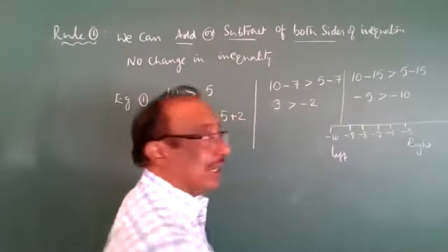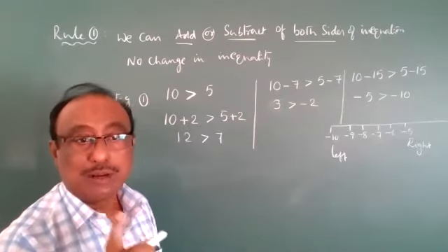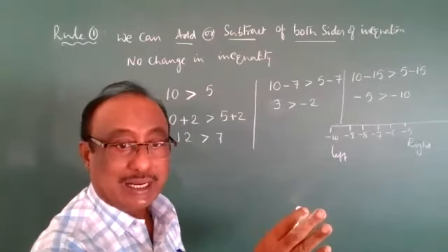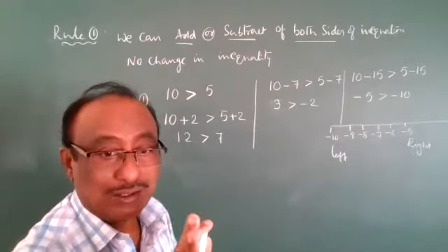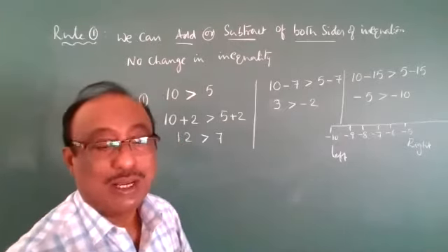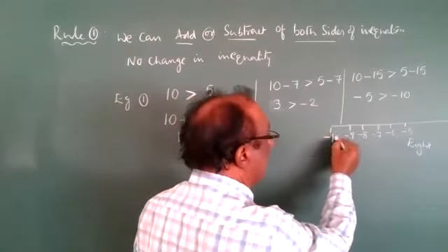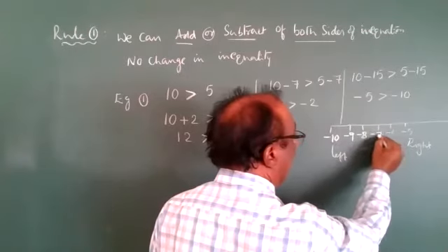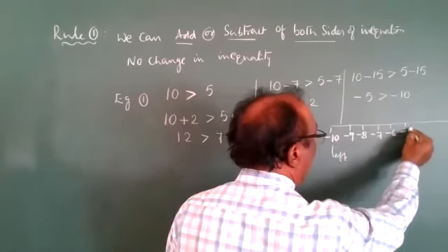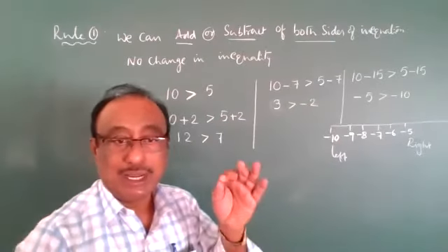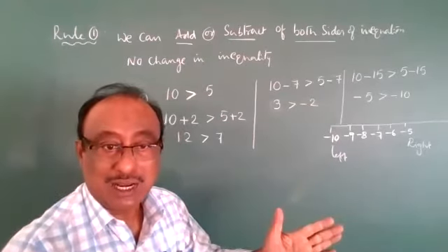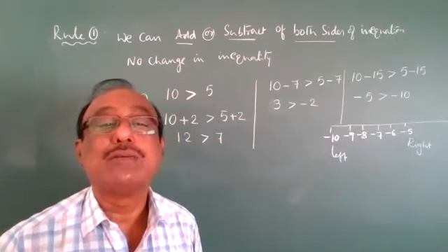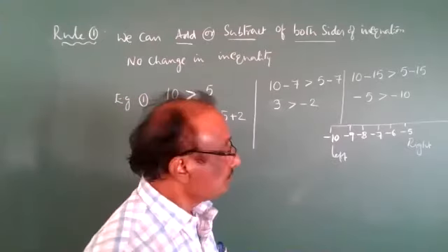This is for negative values only, not for positive values. Minus 10, minus 9, minus 8, these are negative values. For negative values, the left side is smaller than the right side. In negative values it is the reverse of positive.